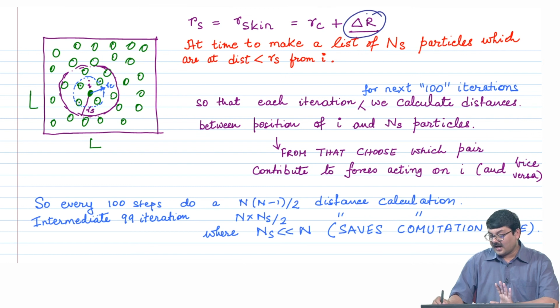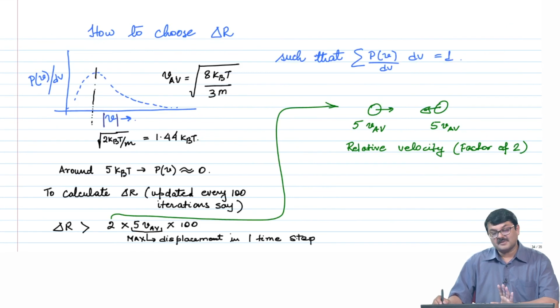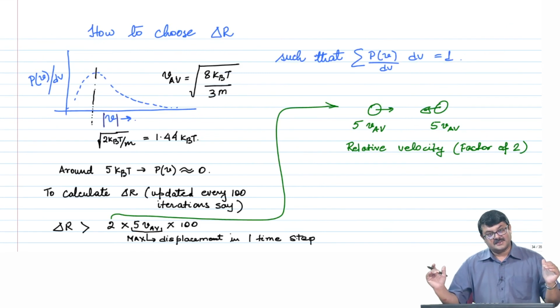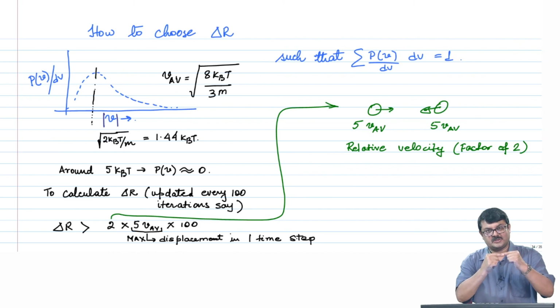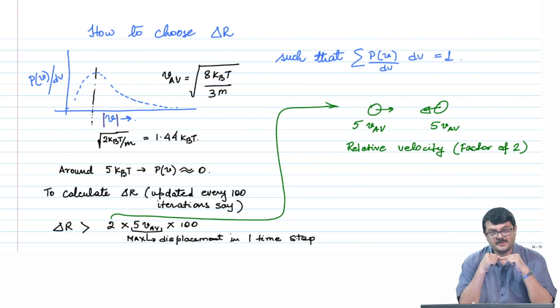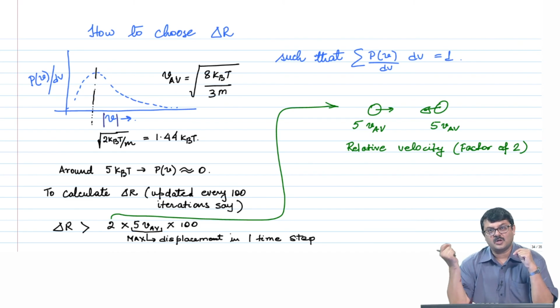So, basically delta r should be based on the maximum relative speeds, if suppose two particles were moving at very high speeds towards each other. So, this is your particle I and this is your particle under consideration.